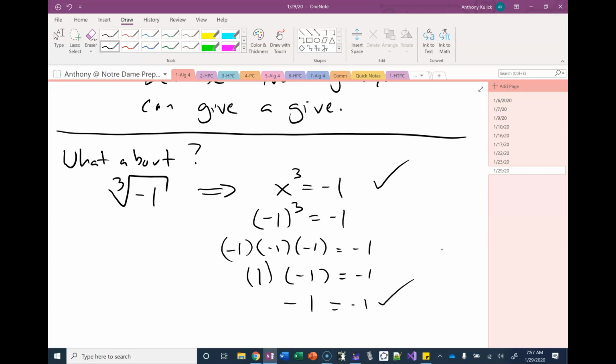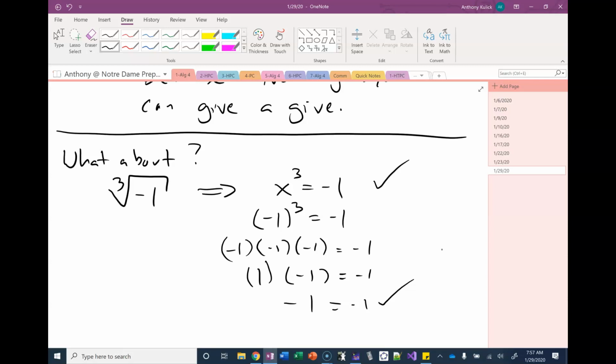So we see that for some radicals we can take the cube root of a negative, but we can't take the square root of a negative. So sometimes this is going to work and sometimes it's not. Do you suppose there's a way to predict when we'll be able to take the radical of a negative? What do you guys think? Is it going to be predictable?